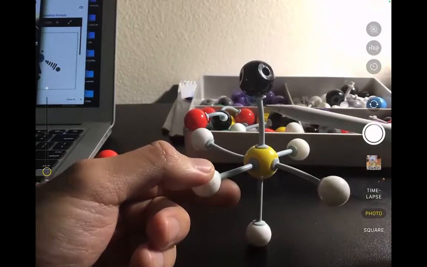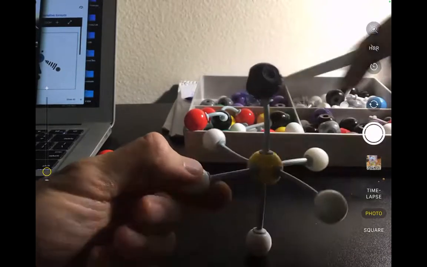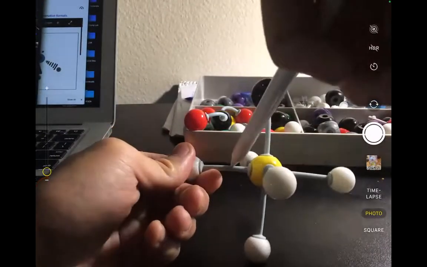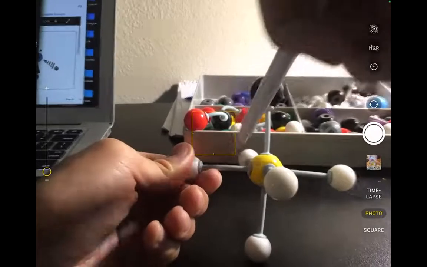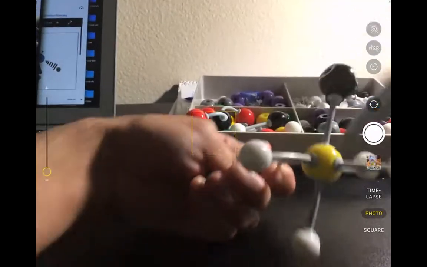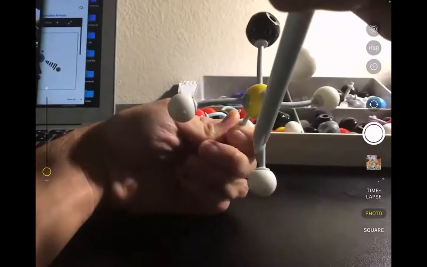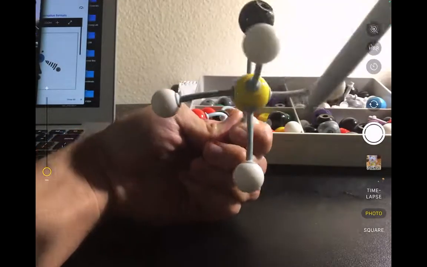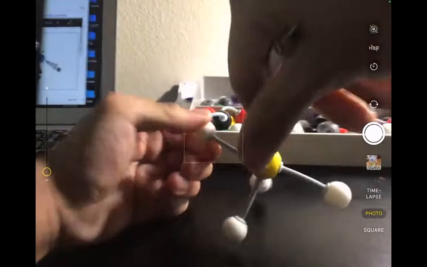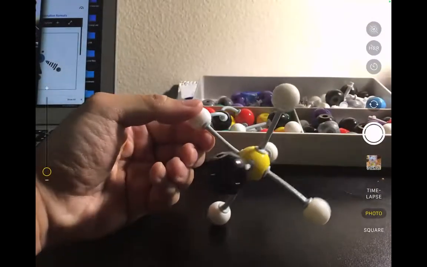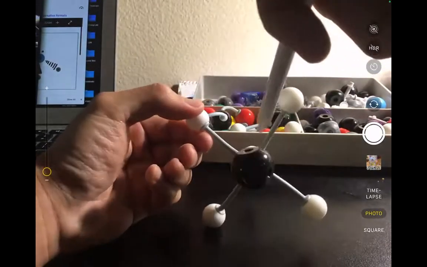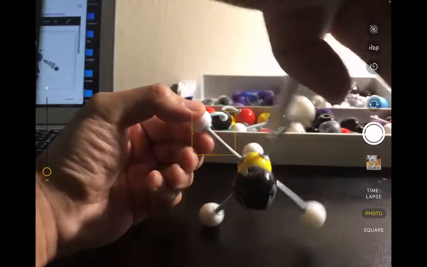If you're looking at the bond angle for an octahedron, axial to equatorial is 90. Axial down here to equatorial is 90. If you were to rotate this so that it's top down, equatorial to equatorial is 90.